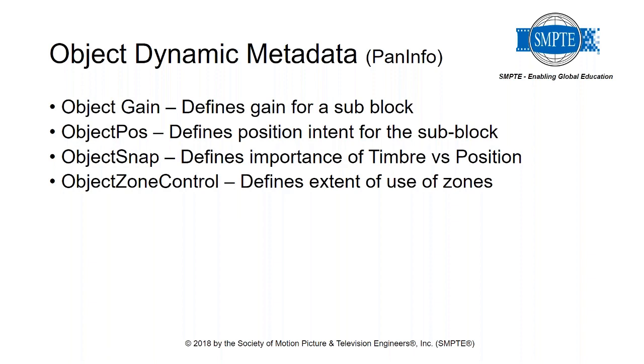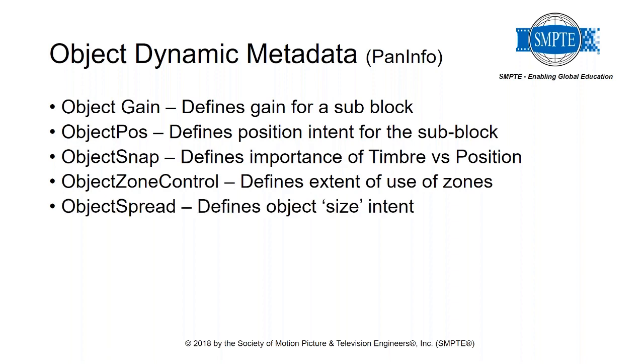It allows you to exclude certain speakers from the rendering of a given object. A typical application is a pan that goes from the screen to the back wall through the ceiling, and you may or may not want to include the side wall speakers in that pan, and you can use zone control to exclude side speakers from that, or ceiling speakers if you just want to use wall speakers.